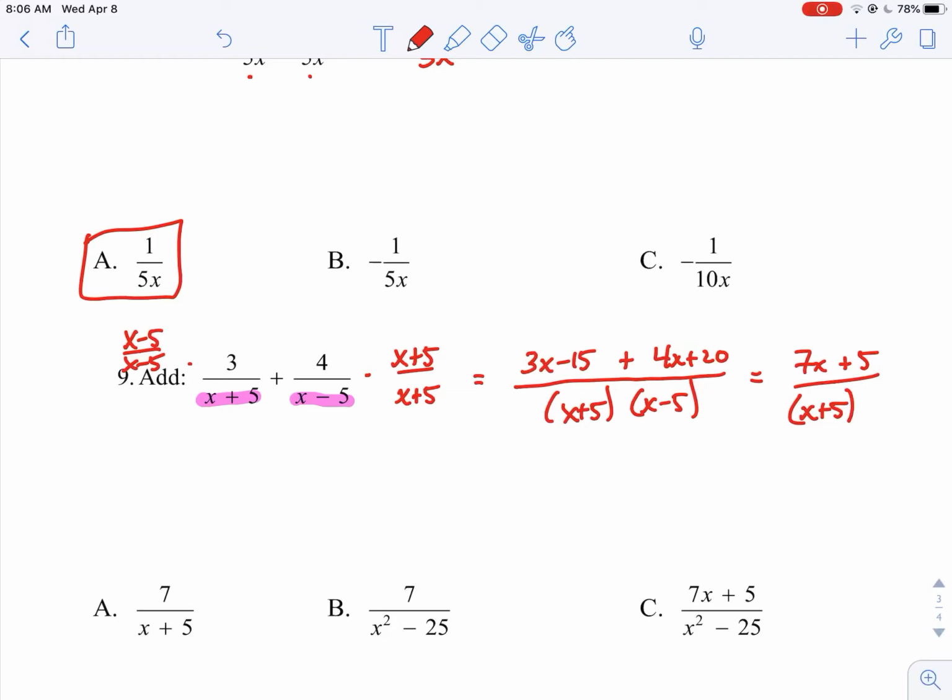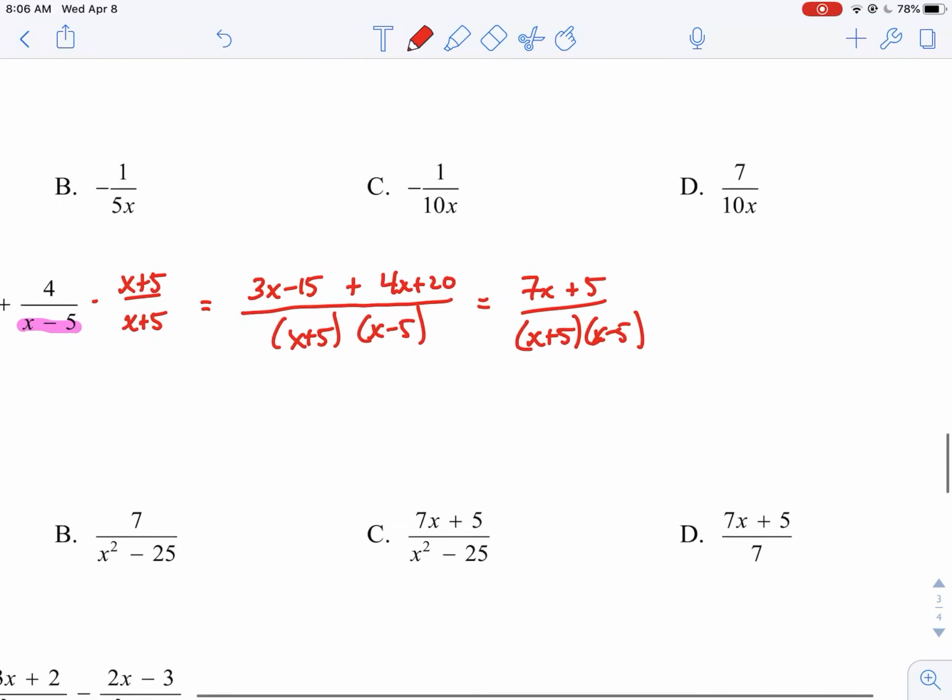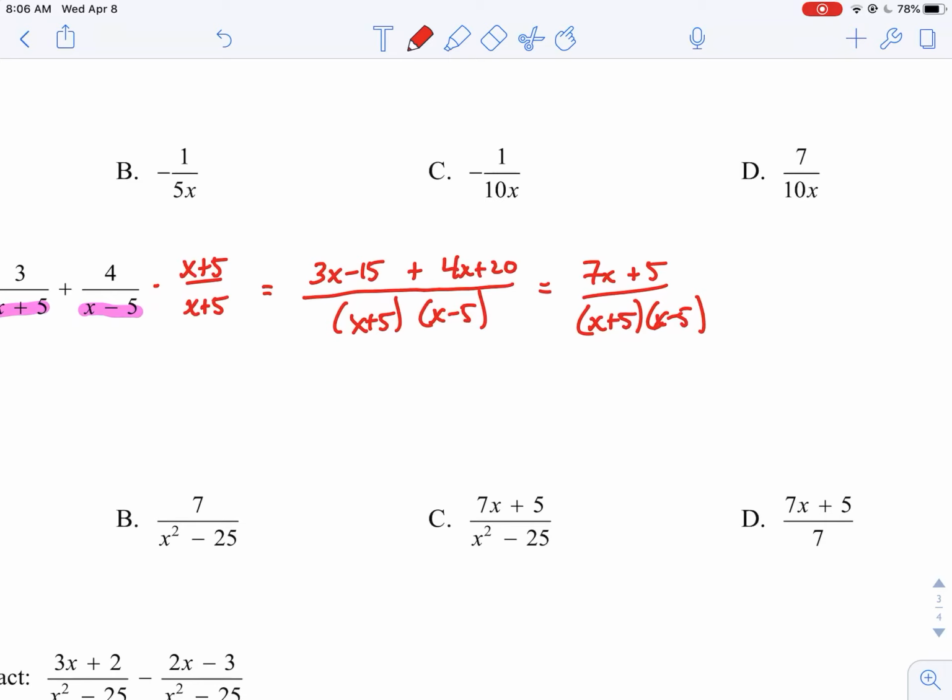And when all is said and done, this is what I'm looking at for my final expression. So I've got 7x plus 5 all over x plus 5, x minus 5. Now that doesn't seem to be one of the answers, but again, if we multiply out this denominator, if we FOIL this thing out, we do end up getting C.